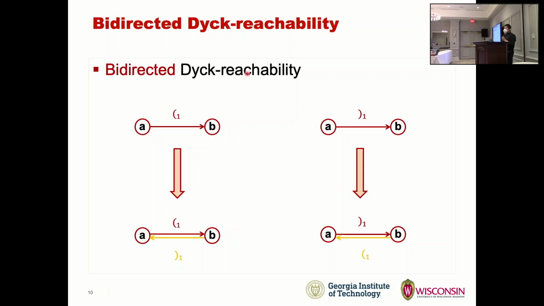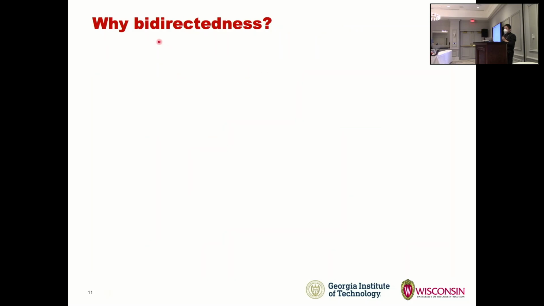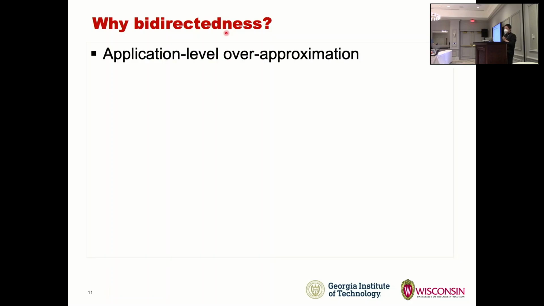And an immediate question is why do we need to introduce the bidirectedness? Okay, so let me try to address it from two perspectives. The first perspective is that for many client applications, the bidirected treatment is indeed an over-approximation of the underlying directed problem instance.